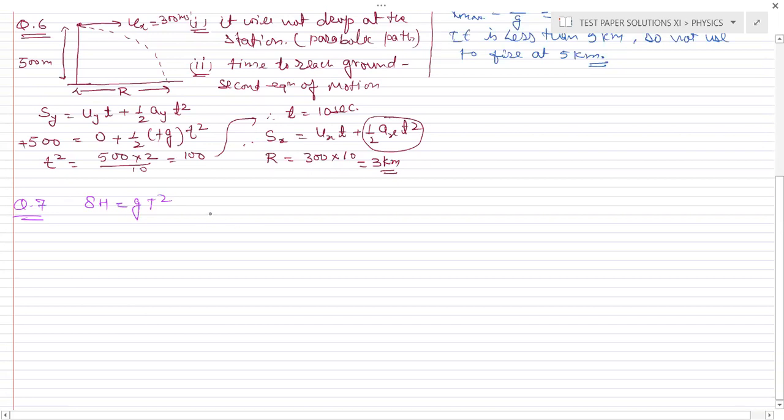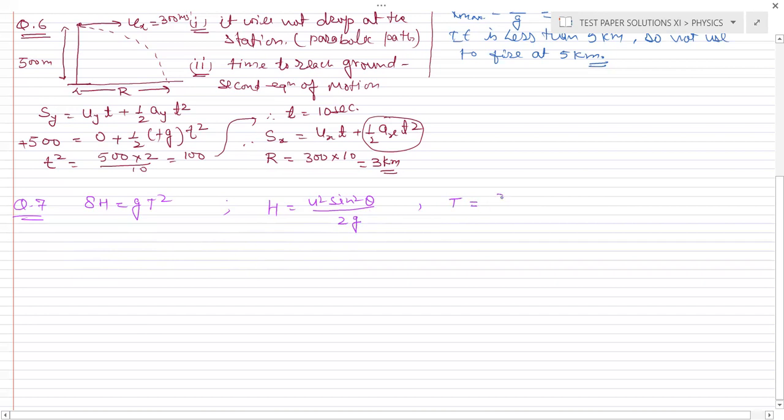So what is the formula for h? H is the maximum height attained by the particle. So h is given by u square sine square theta upon 2g. And what is the formula for t? T is the time of flight.